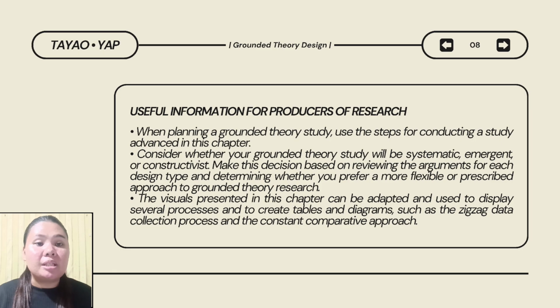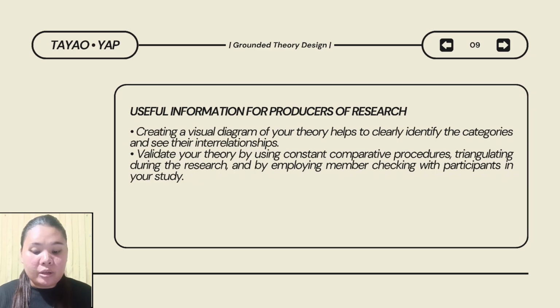Third, the visuals presented in this chapter can be adapted and used to display several processes and to create tables and diagrams, such as the zigzag data collection process and the constant comparative approach. The fourth one is that creating a visual diagram of your theory helps to clearly identify the categories and see their interrelationships.